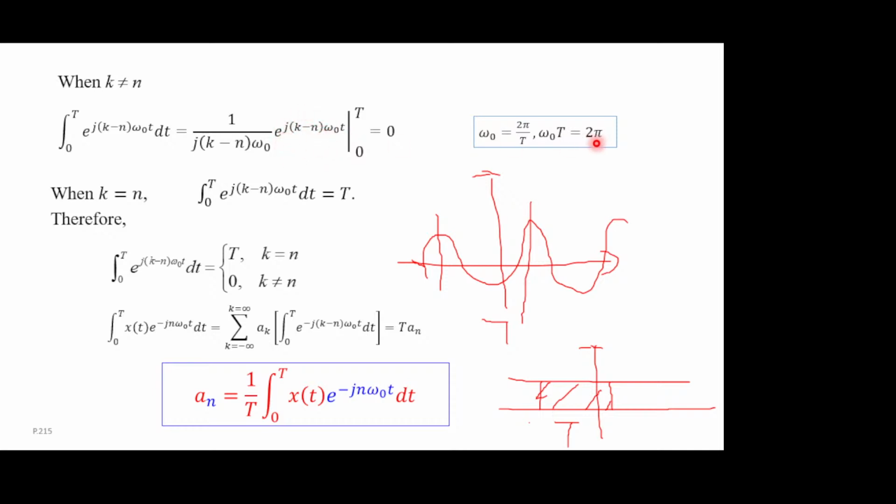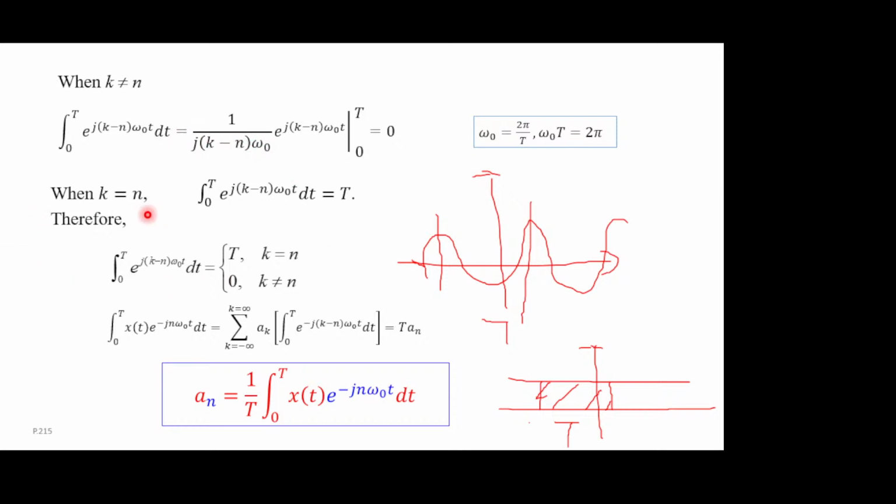So you have e to the j 2 pi times an integer, but e to the 2 pi j is 1, so this is just 1. The upper limit is 1, and the lower limit, e to the 0, is obviously also 1. So this is 1 minus 1, which is 0. And this is something finite because k is not equal to n.